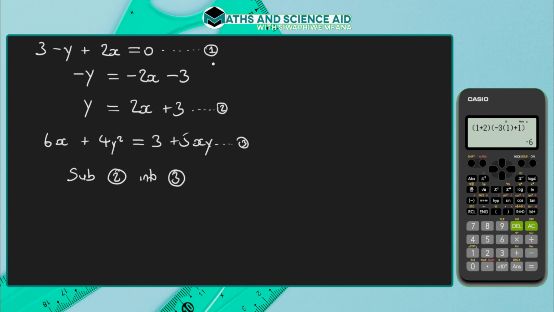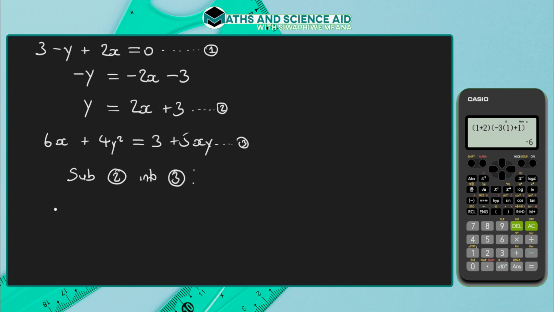Never make that mistake of substituting the new equation that you have formed into the equation that you have obtained it from. That's a very big mistake that you don't want to make. So we need to specifically substitute our equation 2 into equation 3.